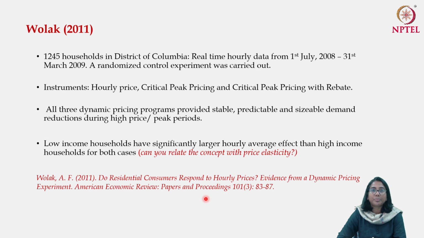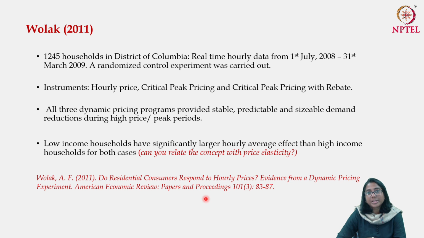So in the District of Columbia, what they found is that the response to this kind of instruments from the low income households was much higher than what they received from the high income households. And the reason they are giving was quite fascinating, because with all these instruments, we always think about the shifting of the load, flattening of the load curve. That is not the only thing being achieved.